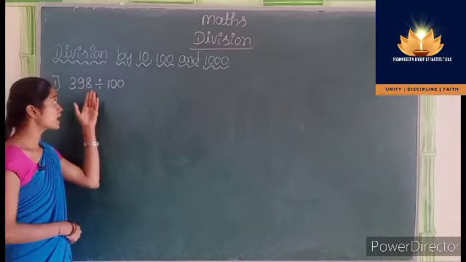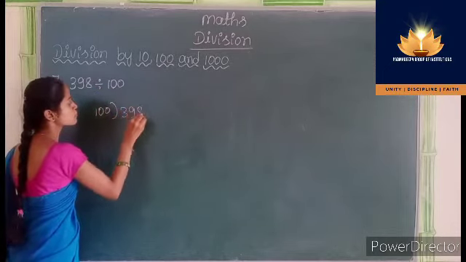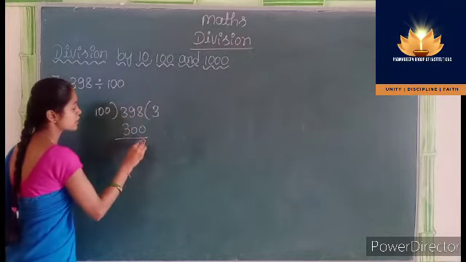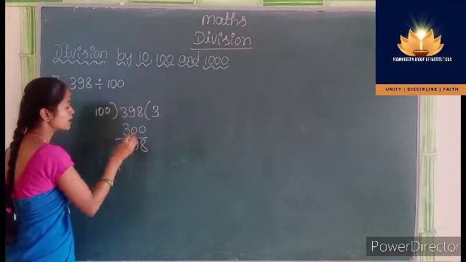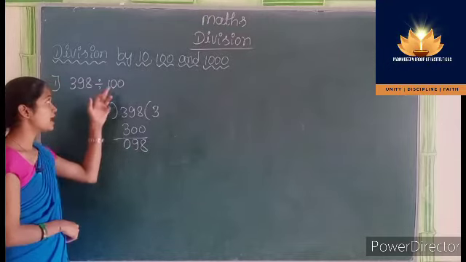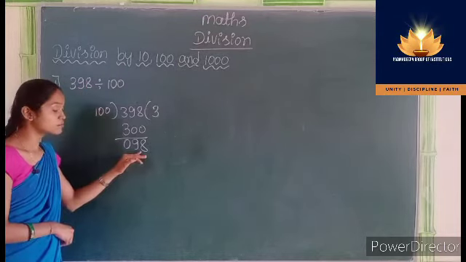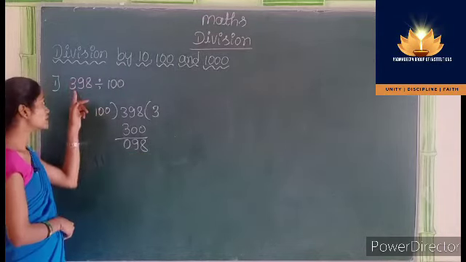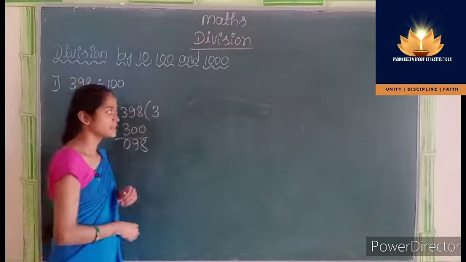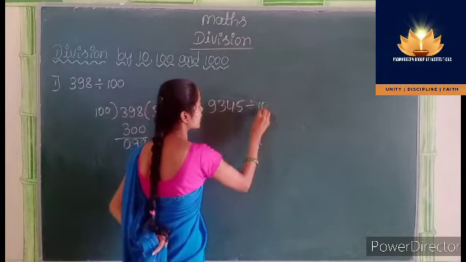Divide 398 by 100. 100 3s are 300, 8 minus 0, 8, 9 minus 0, 9, 3 minus 3, 0. Students, when we divide a number by 100, the ones place digit and the tens place digit form a remainder and the hundreds place digit will form a quotient. Okay, so let us see another example. 9345 divided by 100.